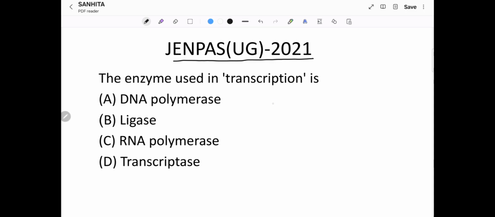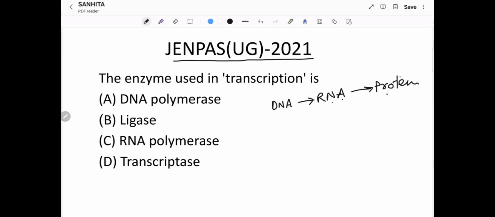That central dogma rule: DNA to RNA to protein, right? So DNA to DNA synthesis is replication, DNA to RNA is transcription, and RNA to protein is translation.